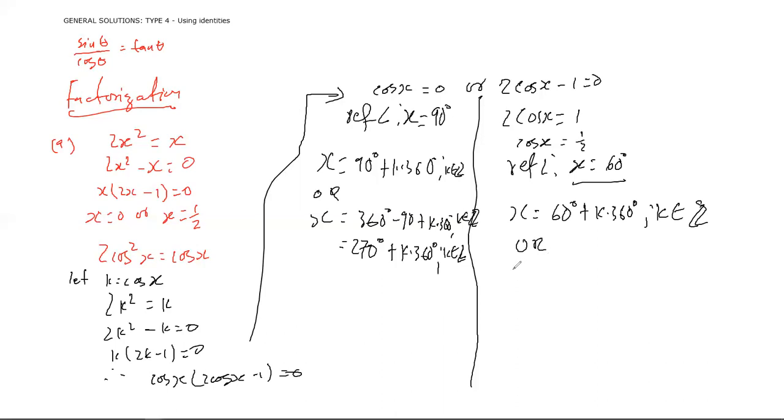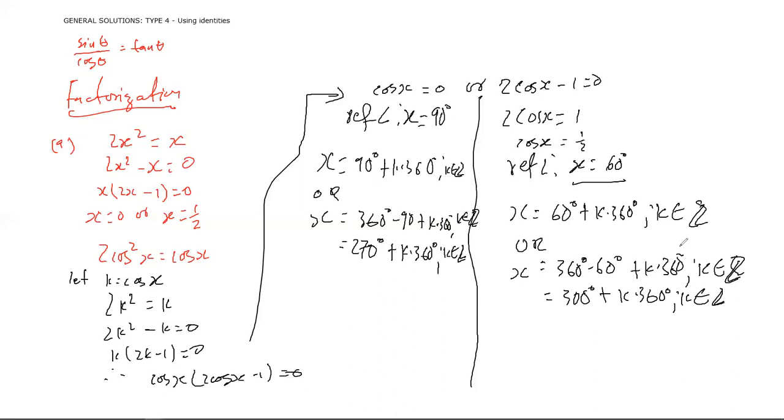Or you take the other place where cos is positive, in the fourth quadrant, which gives 300 plus k times 360, where k is an integer. And that's really it, guys. That's how simple and straightforward it is. You don't need to stress when you've got this stuff.